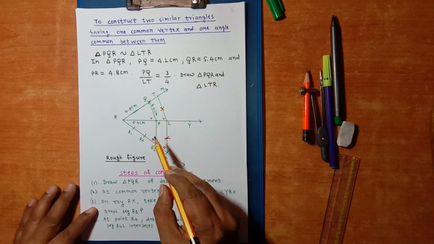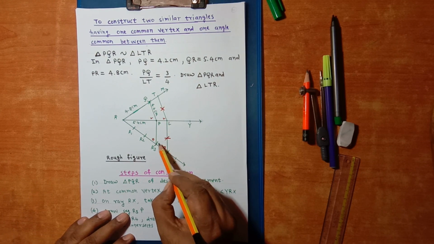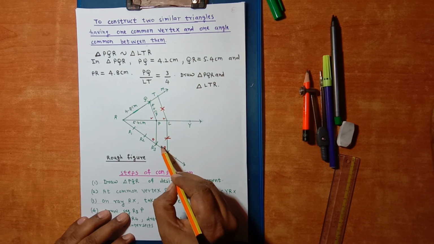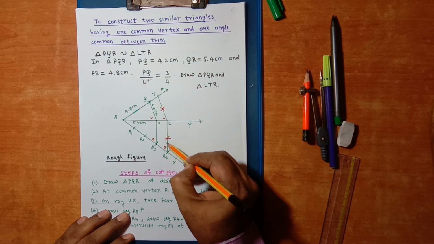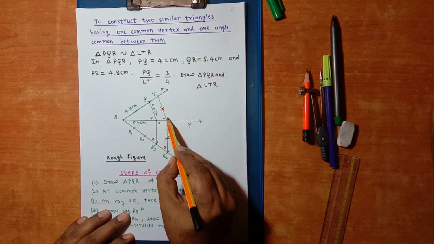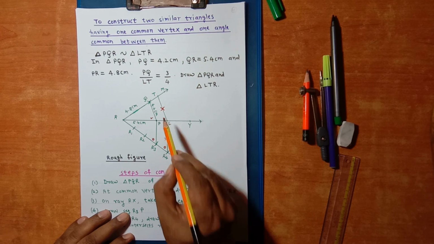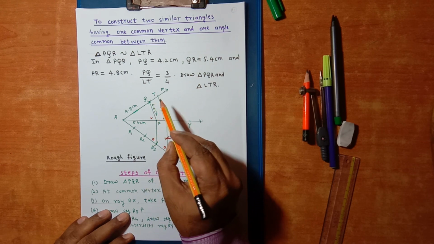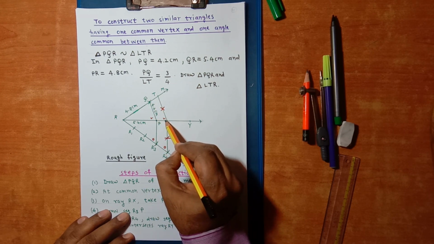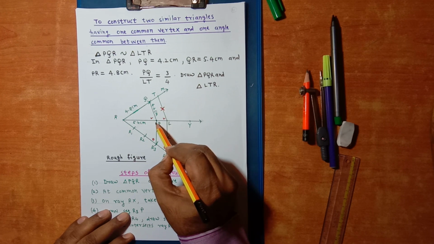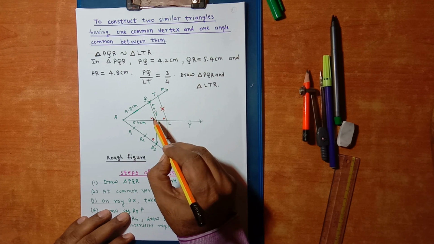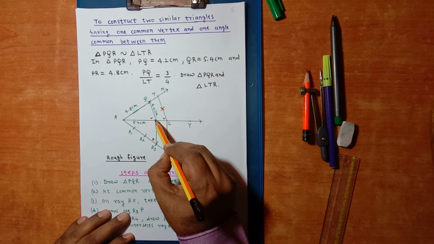Now here we are making use of the corresponding angle test. When corresponding angles are congruent, these segments will be parallel. In this way, I have fixed the position of point L. Now from point L, I have to draw a segment which will be parallel to segment PQ. So again we will use the corresponding angle test.